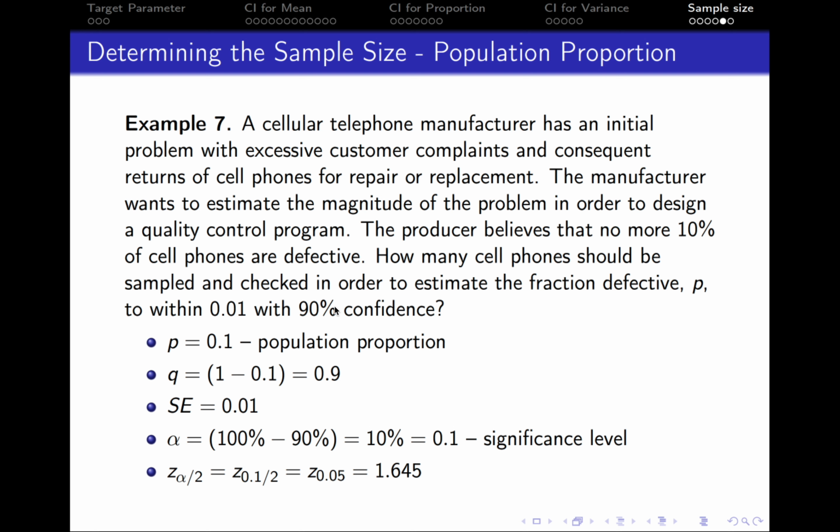Since we're asked about 90% confidence interval, the significance level will be just 10% or 0.1, and we will use the table to get the critical z-score value, alpha over 2, or 10% over 2. So the critical z-score for 5%, which is 1.645.